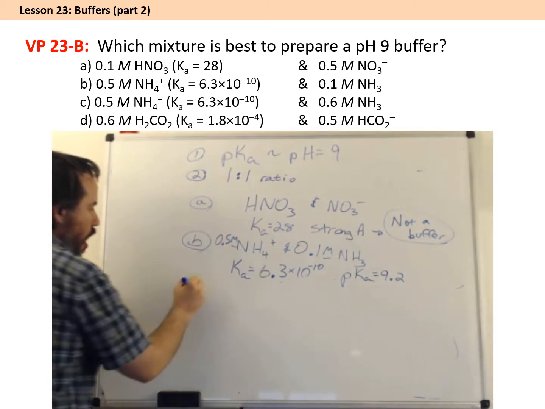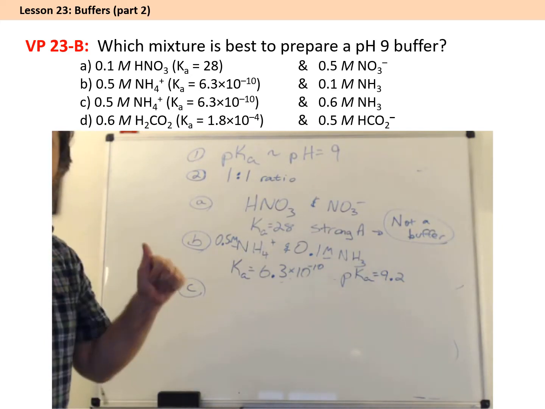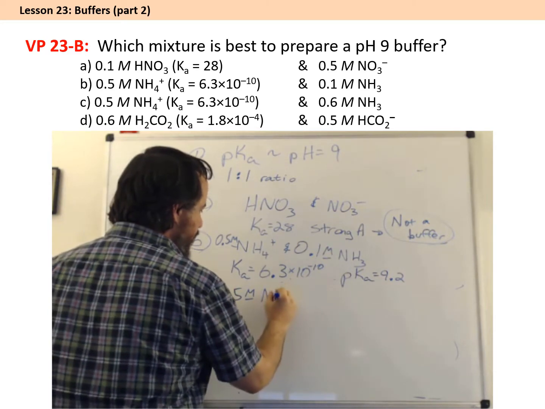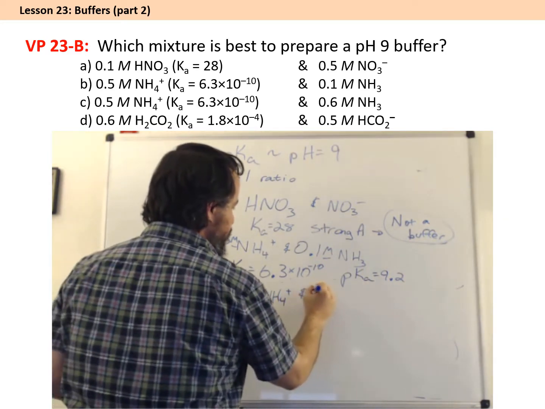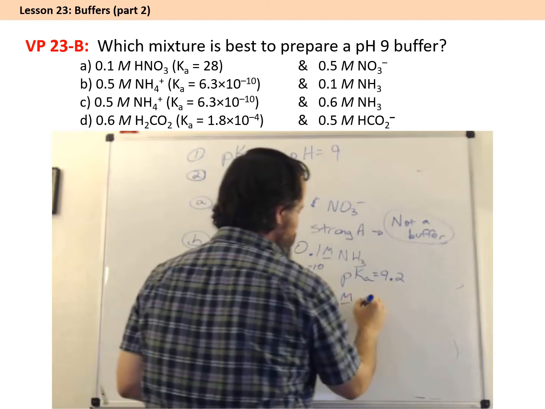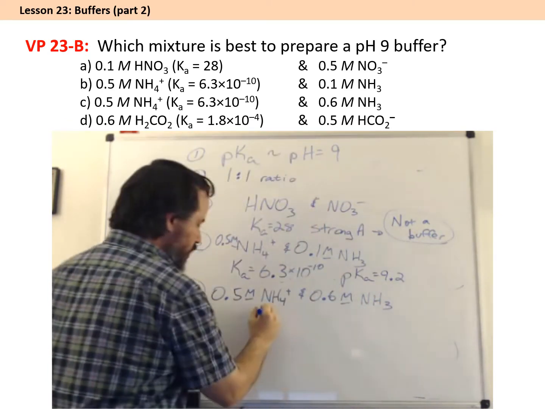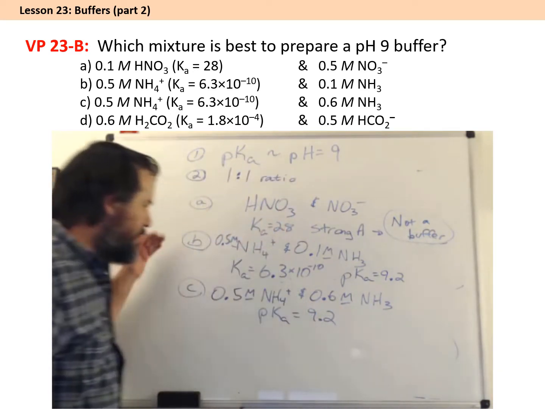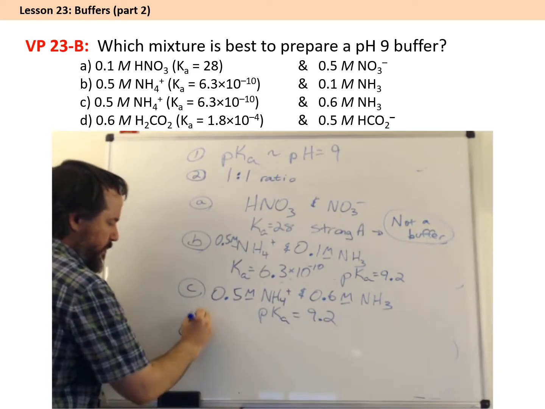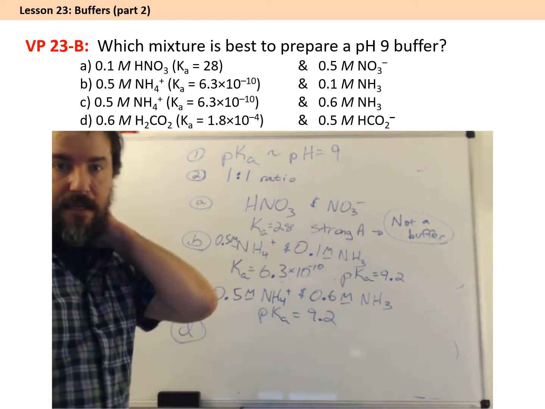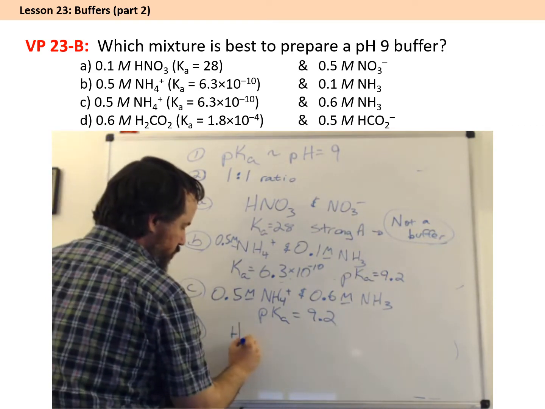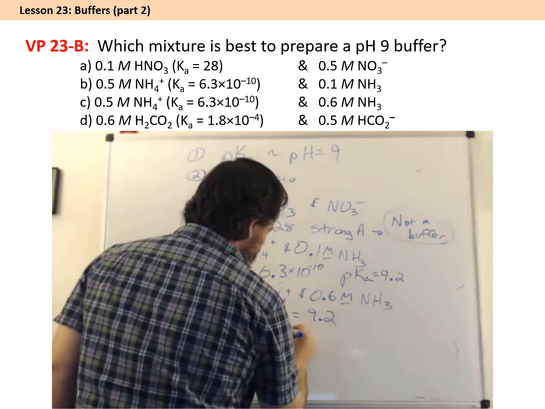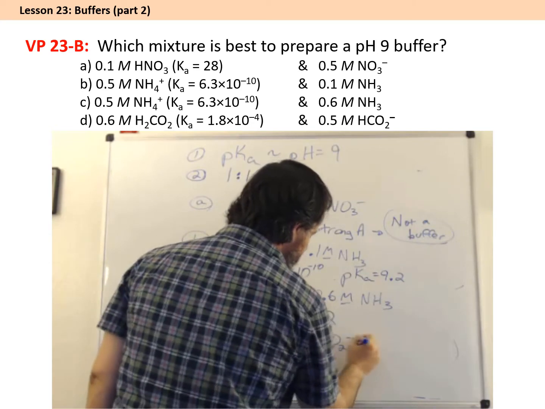All right. C is the same two acid and base, except now I have different concentrations. Okay. So I still have a pKa, seeing that the Ka is the same, of 9.2. Let's come back to these. Let's see if D is better. Okay. D is H2CO3 and HCO2 minus.